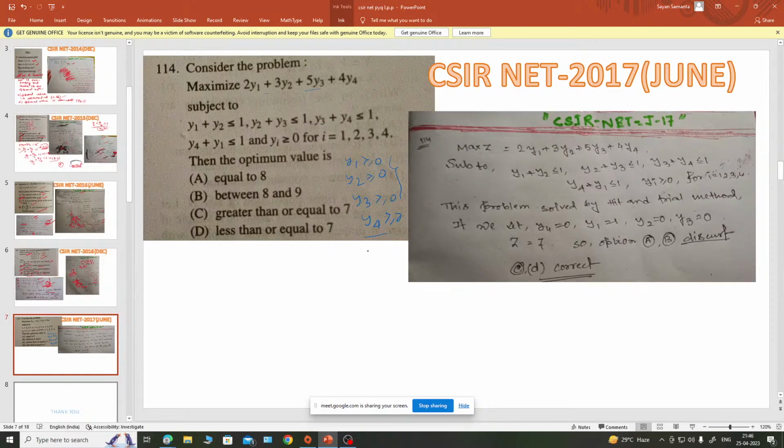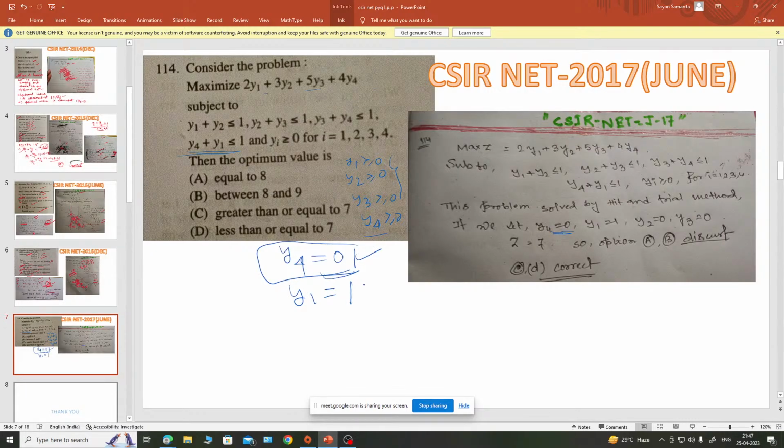First we let y4 equal to 0. Then in y4 plus y1 less than or equal to 1, if y4 equals 0, then y1 is less than or equal to 1.